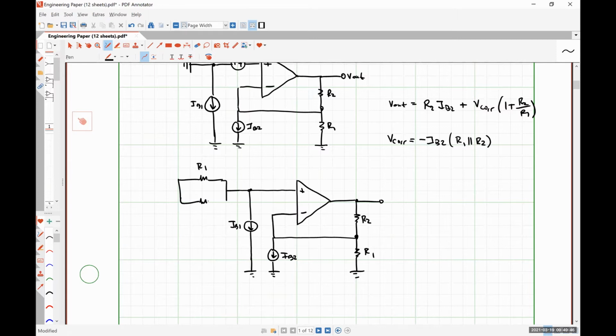R1, R2, and over here, we apply our input voltage, and again, we're taking our output voltage at the output pin.